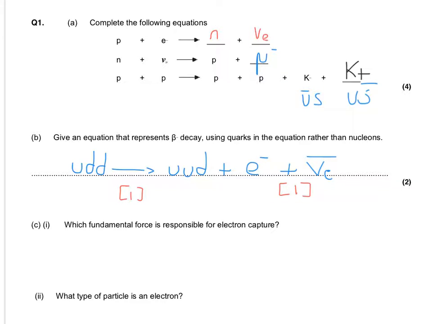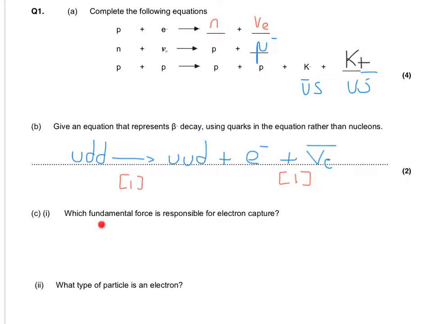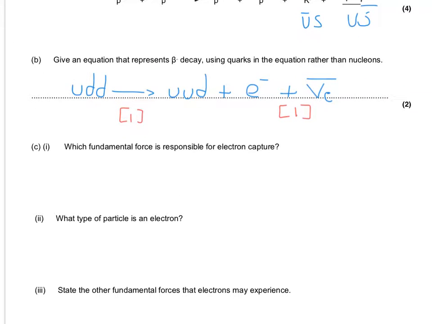Okay, so which fundamental force? When it says that, it's essentially telling you it's either going to be strong, weak, gravity, or electromagnetic. Those are the 4 fundamental forces. Which fundamental force is responsible for electron capture? If we sketch what electron capture looks like, you should have learned what the Feynman diagrams for this look like by now.